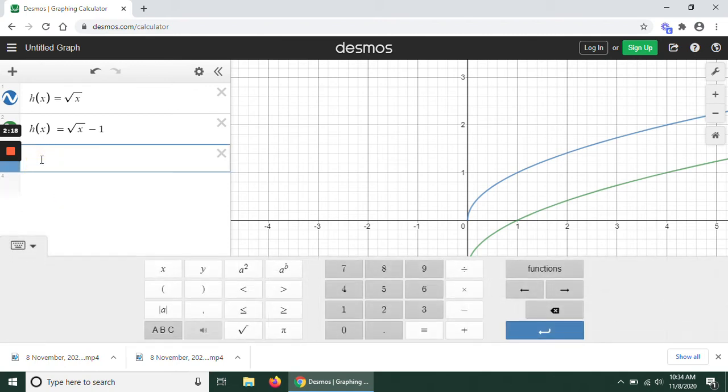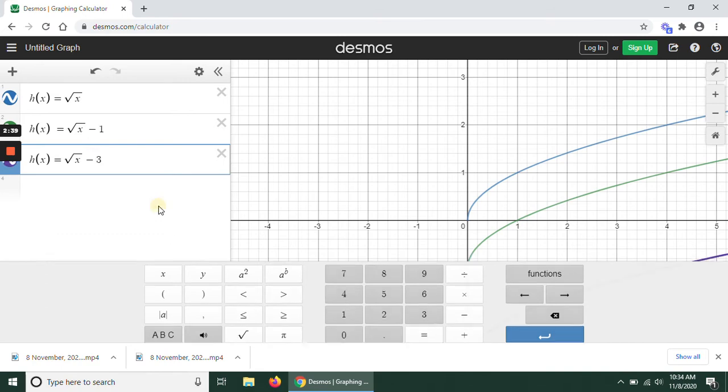I am going to add negative 3 to the original function and see what happens.